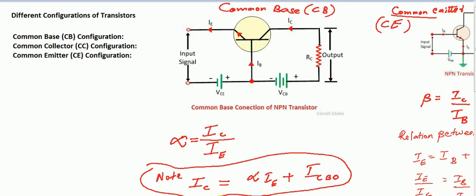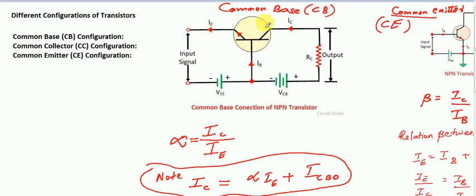Let us see what is meant by common base configuration. You know that the base is the lightly doped and thin region in a transistor. In a common base configuration, we use the base region of the transistor common to both input section and output section, as shown in this picture.